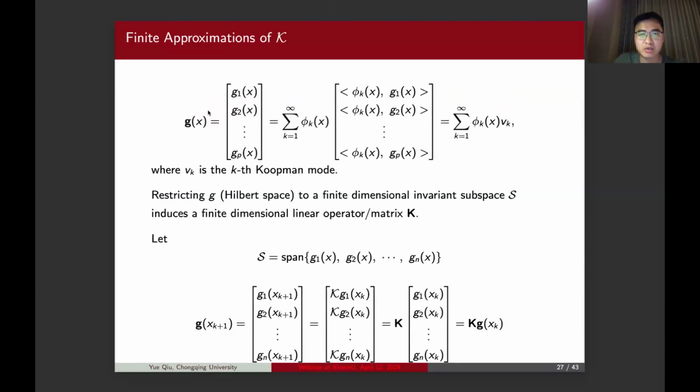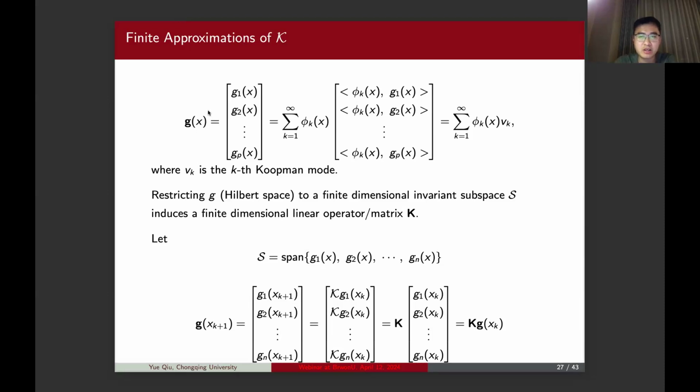But since the Koopman operator works for the infinite dimensional case, this makes the computation infeasible. Therefore, we need to restrict the problem to a finite dimensional setting.